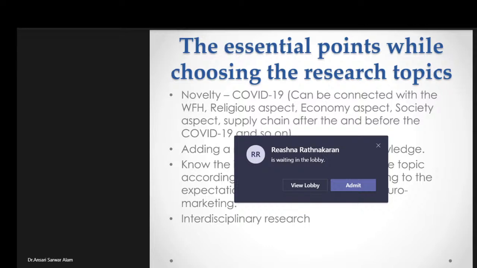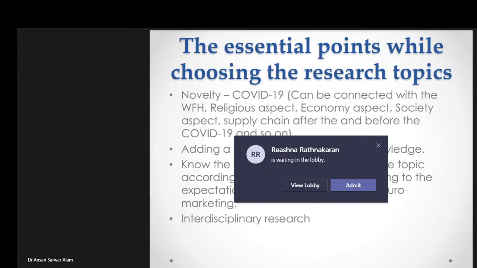So I was a bit curious: if I want to do research work on this topic, what should I do? Simply, I went through the journals related to neuromarketing, because the neuromarketing concept has not become common in the Indian context yet. Okay, it has become common in the UK. It has become common in the developed countries.